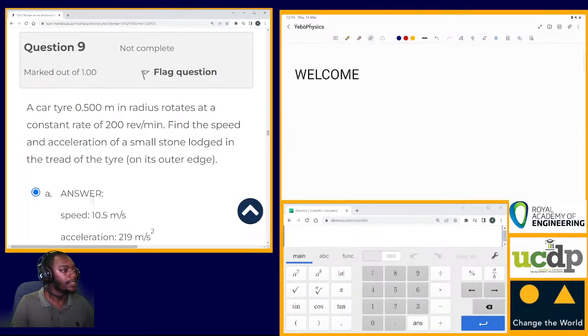As you can see, this is tutorial number 2, question 9. What does it say?